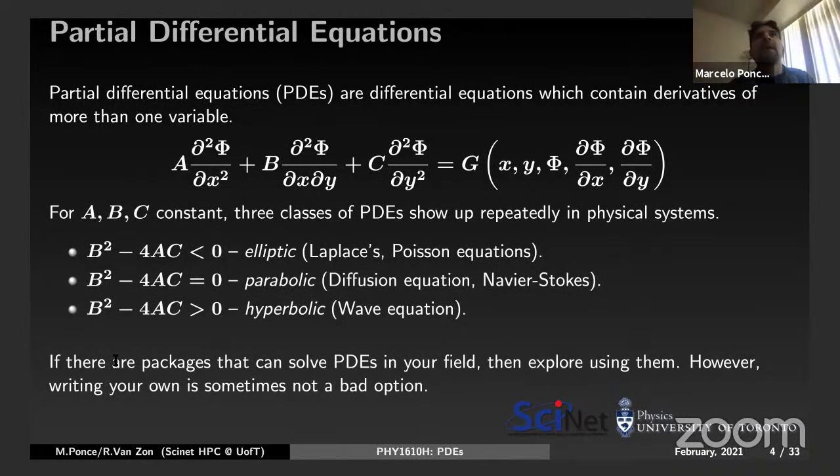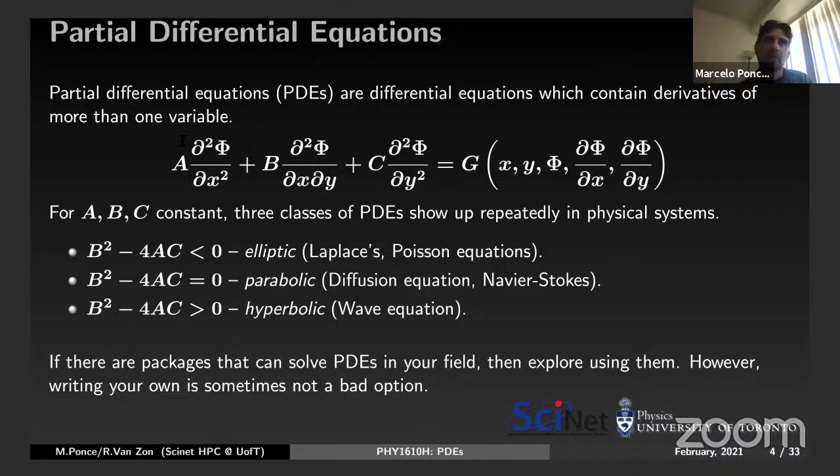So let's start by reviewing our old friend, the partial differential equation, and we're going to focus just on a second order differential equation, meaning that the highest derivative that you will find in this equation is of second order. The quantity that we are interested in is this scalar field phi, or it can be a function, however you want to think about it.